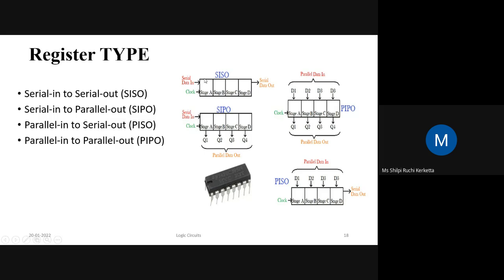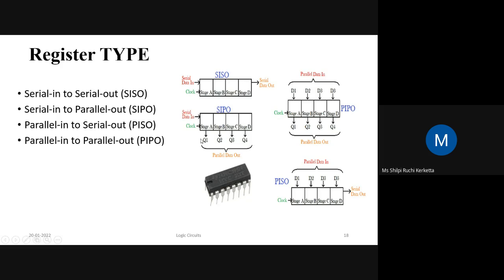If the first person is done, he will go out, then the second person will come. The queue will shift like this, and if some more people are coming, they will add to this queue. Like that, serial in, serial out will be there.